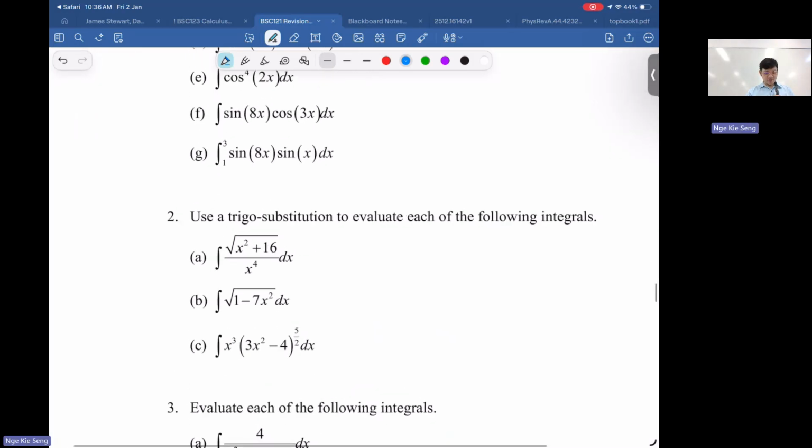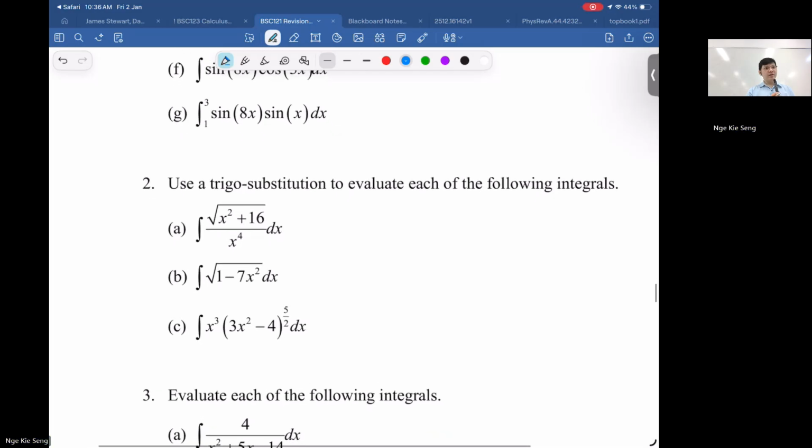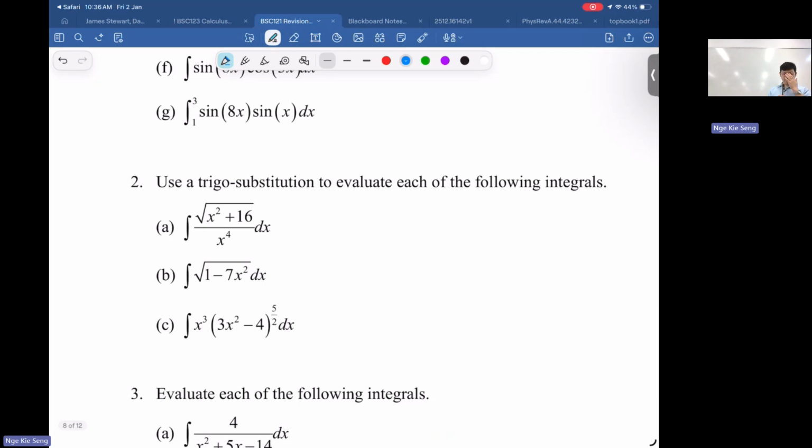Second, which one? First A, yeah. Okay. So let's look at A.